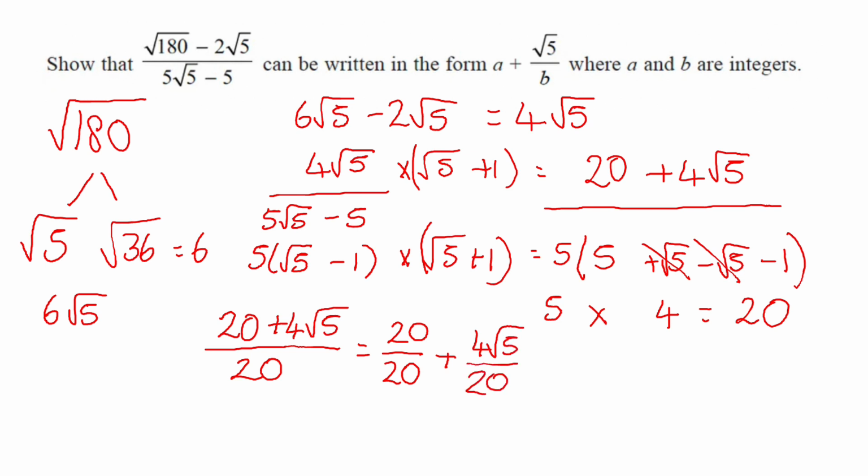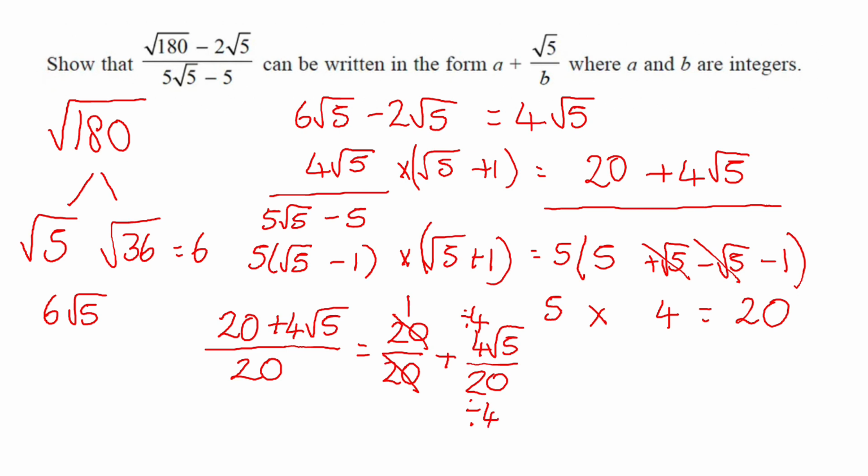So hopefully now you can see and recognise this is going to cancel down to just 1. And then we've got this here. We know the root 5 is in the question, so we're not going to worry ourselves about anything we can do with that. There's nothing further we can do with the root 5. But the 4 and the 20, well, 4 goes into both. So what we can do is divide this by 4 and divide this by 4.